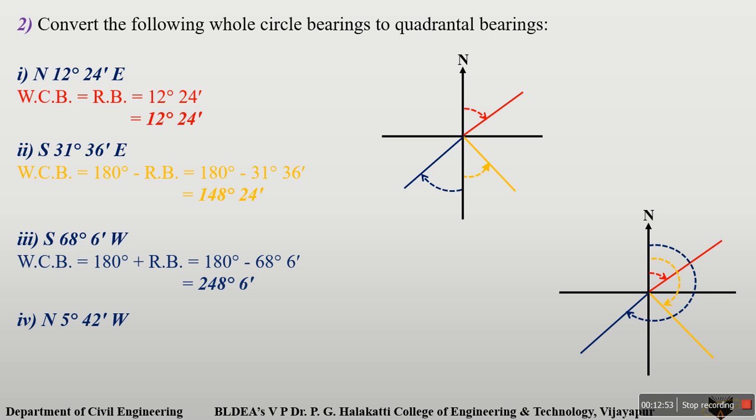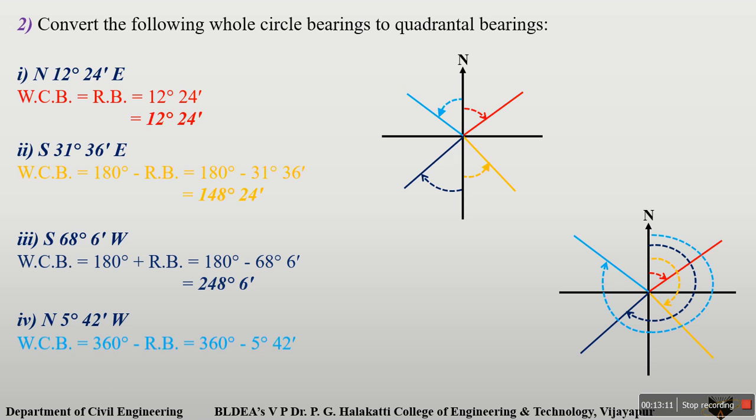Then last, fourth one, north 5 degree 42 minutes west. So here same, it is measured from the north to west side, but in the WCB system it is measured from the north in the clockwise direction up to the line.